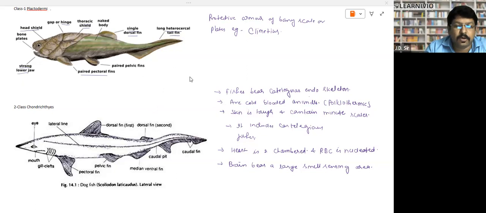So, look, shark. You know what is the speed of shark inside the water? If a shark starts chasing any animal in the water, nobody can escape from it. The speed of shark is 114 km per hour.